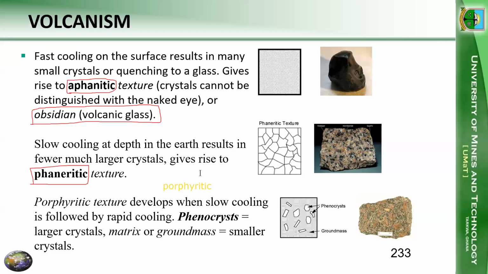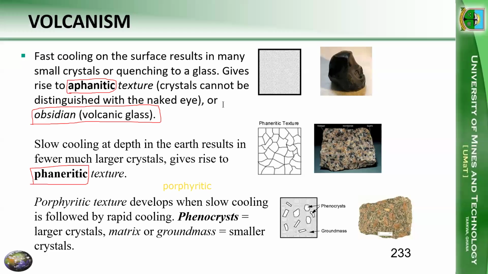For a porphyritic texture, the large crystals develop first. So first we have slow cooling, and then this slow cooling is subsequently followed by rapid cooling. Slow cooling followed by rapid cooling gives rise to this porphyritic texture.